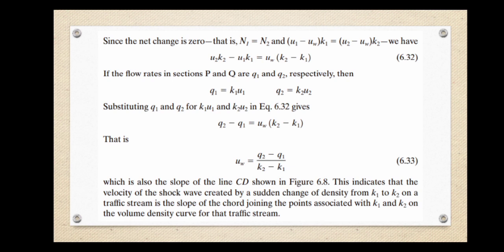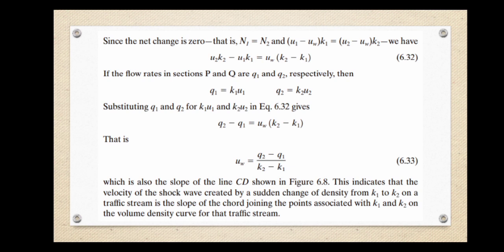So if the flow rates in sections P and Q are Q sub 1 and Q sub 2 respectively, then Q sub 1 is equal to K sub 1 times U sub 1, and Q sub 2 is equal to K sub 2 times U sub 2.